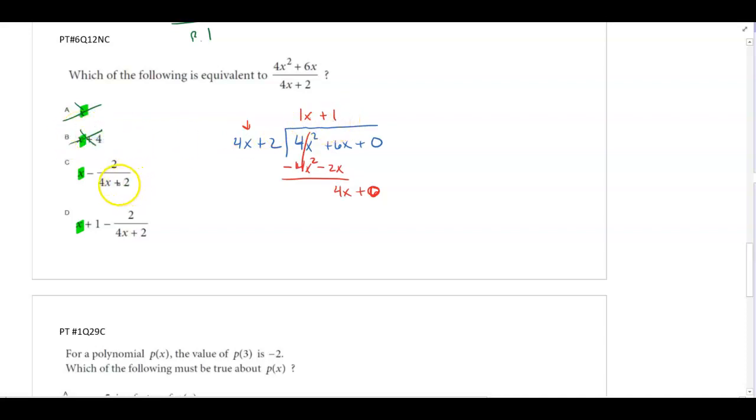This doesn't make sense. This doesn't make sense. The only answer that would make sense is letter D. And if I finish it out, 1 times 4x is 4x, subtract it. 1 times 2 is 2, subtract it. I get negative 2, which is my remainder. And that's why it's minus 2 over 4x plus 2.